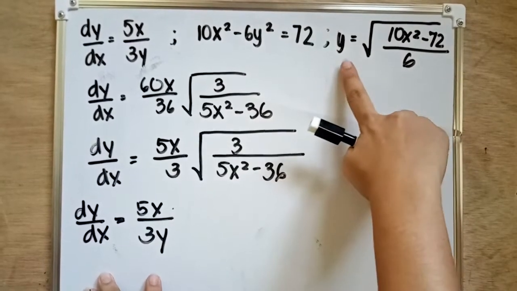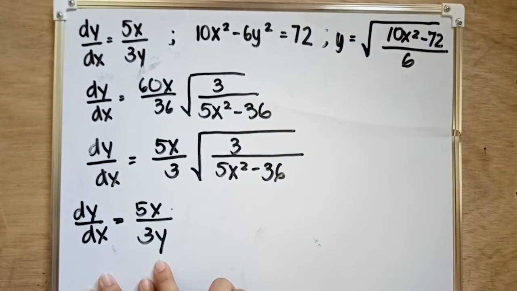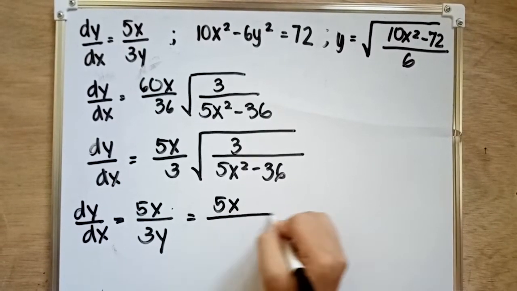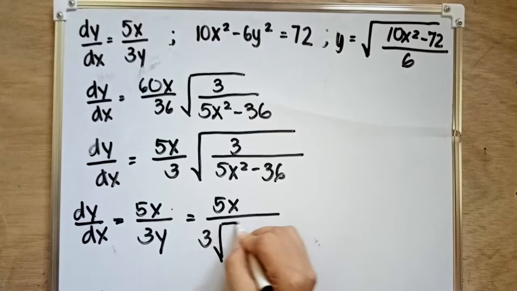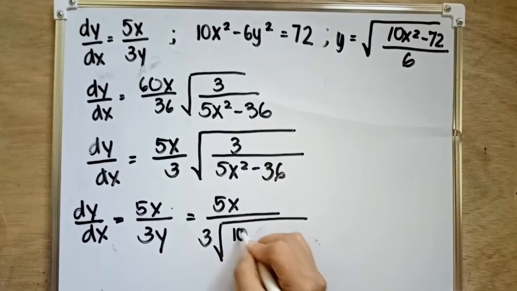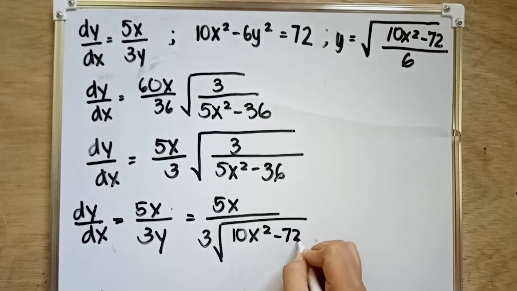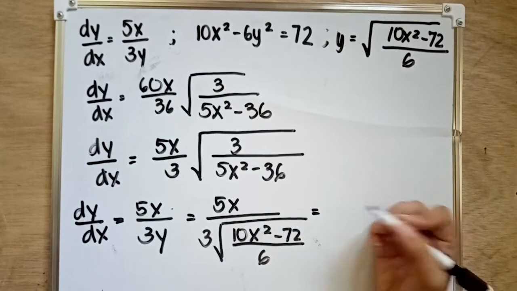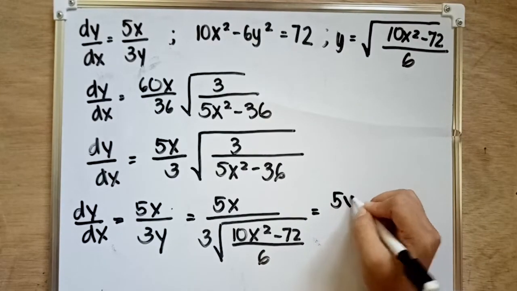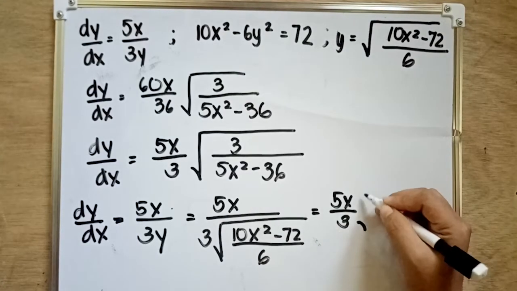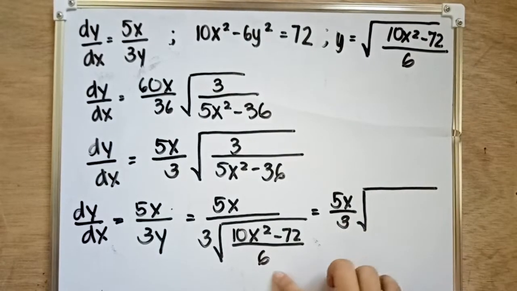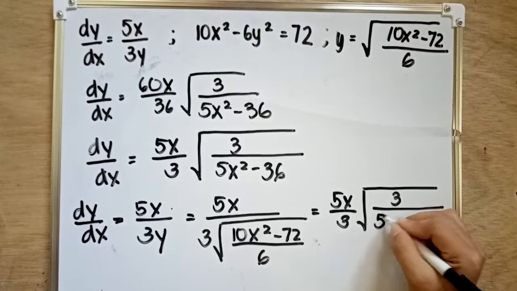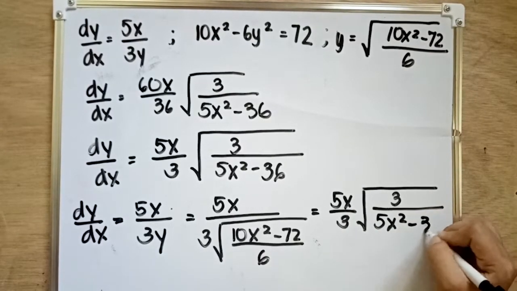Then may nakuha tayo kaninang equation ng y, isa-substitute natin sa 3y. 5x over 3 times the square root of 10x squared minus 72 over 6, magiging 5x over 3 times the square root of, simplify this term, we get 3 over 5x squared minus 36.